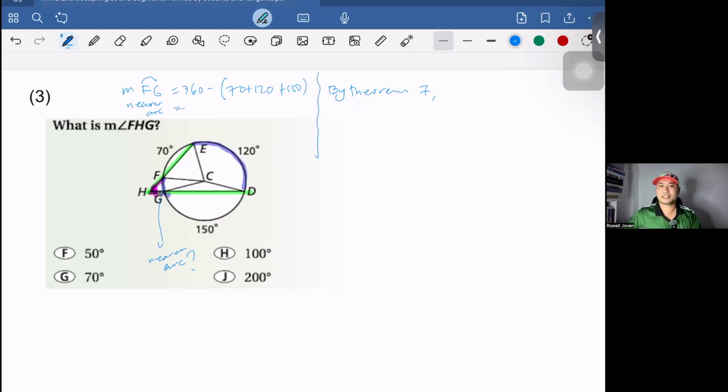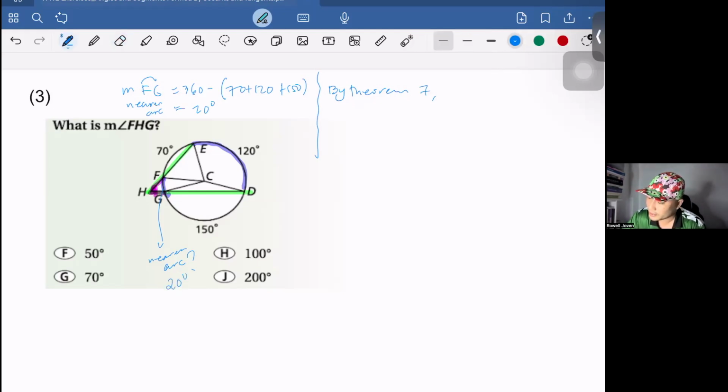What is that? Okay. So the answer is 20 degrees, correct. So the measure of arc FG is 20 degrees, based on our computations.